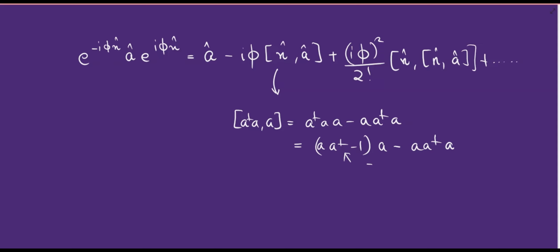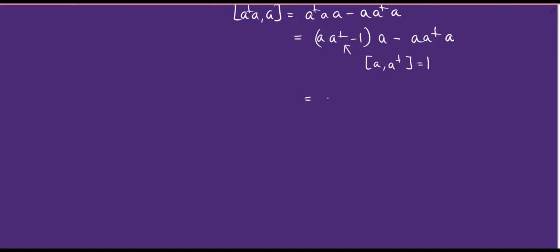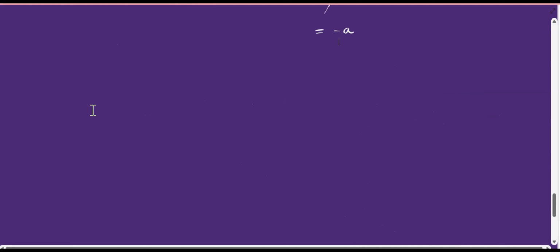What I used here is that the commutator of a and a dagger is identity. Okay, I need to write it properly. a dagger a minus a dagger a, so this and this cancel, and this is minus a. So minus a gets substituted here.